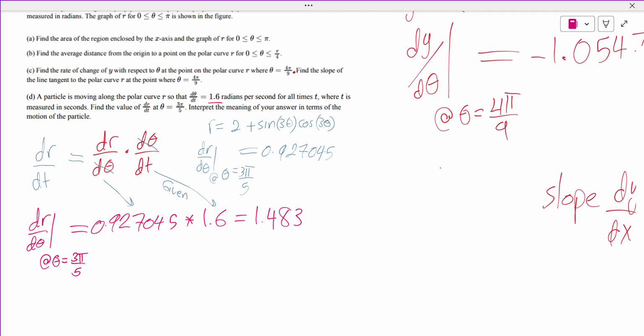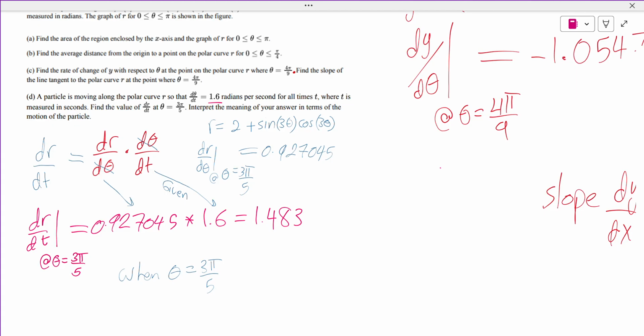So when theta equals 3 pi over 5, what does that mean? This is dr over dt.